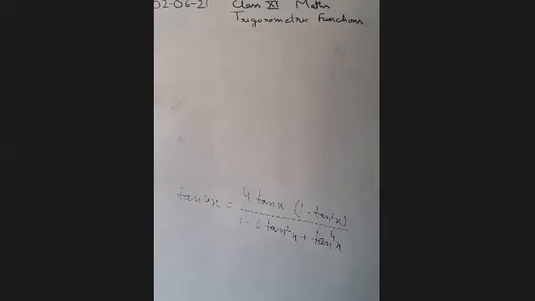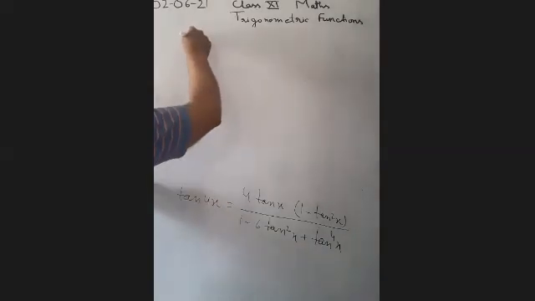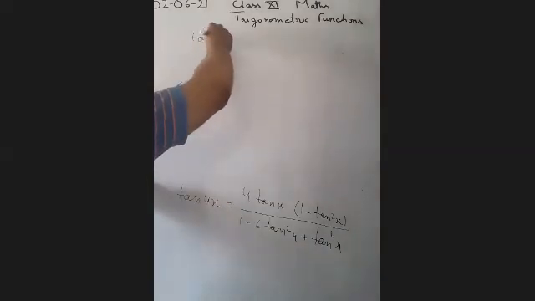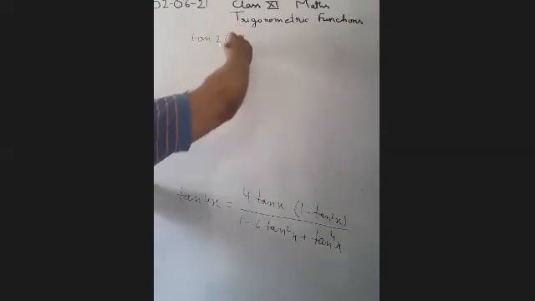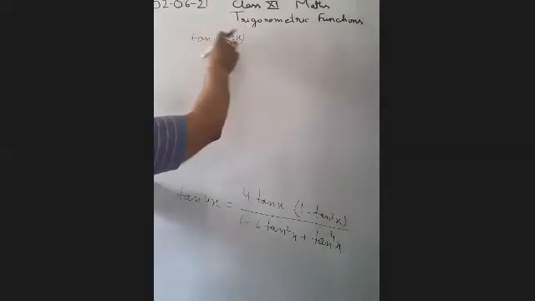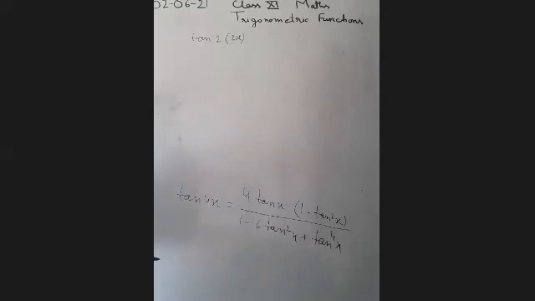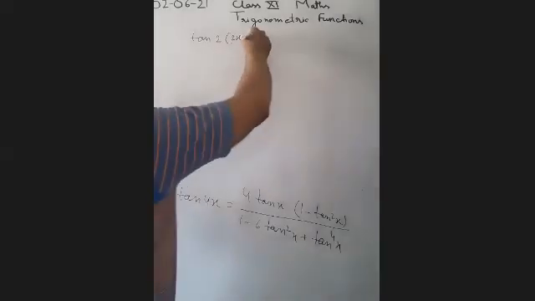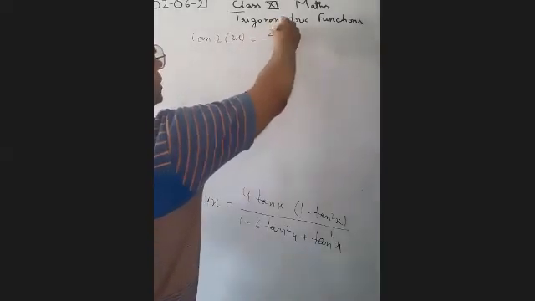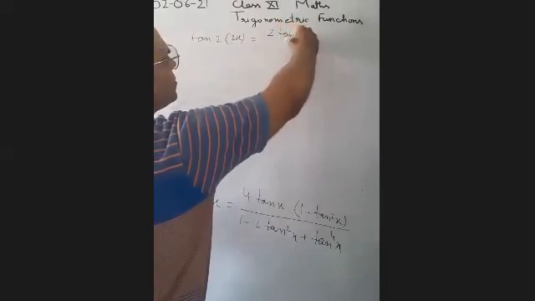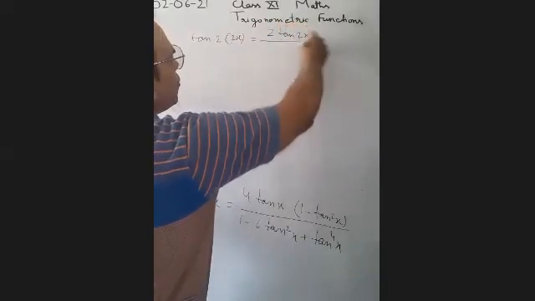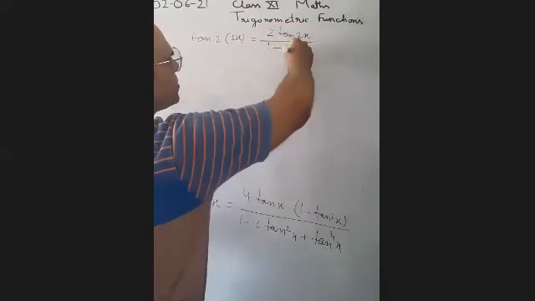In the same way we can convert tan 4x into tan of 2x plus 2x. We know the formula of tan 2x: 2 tan x upon 1 minus tan square x.